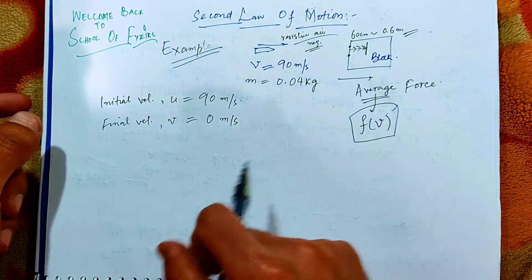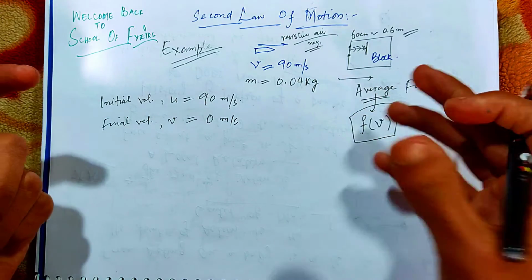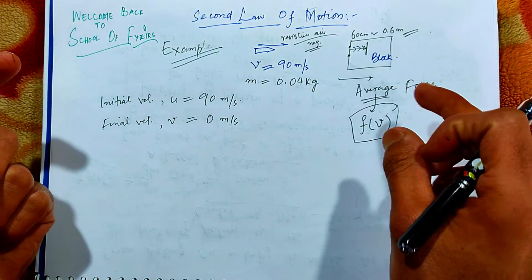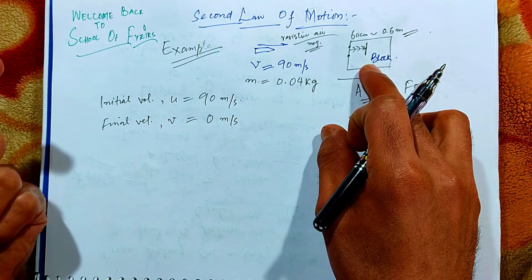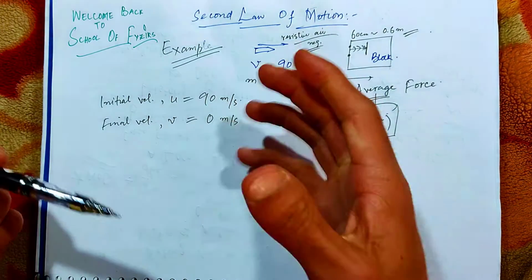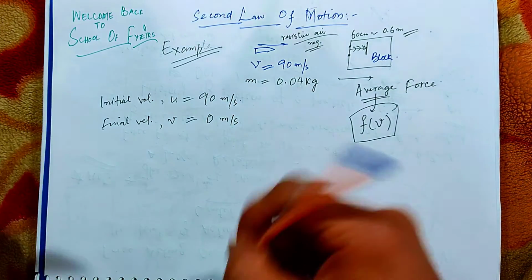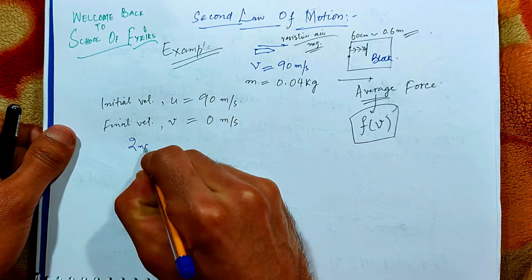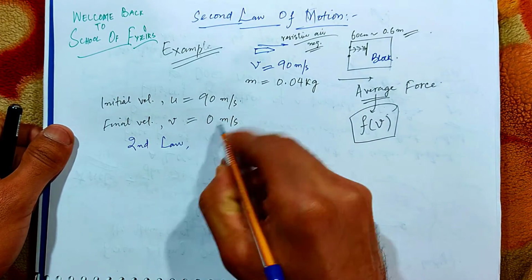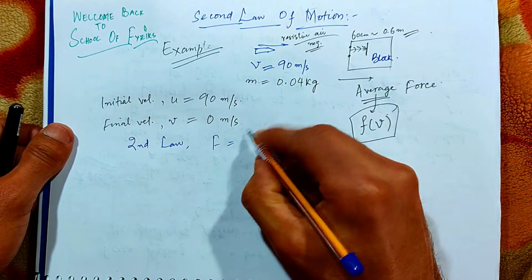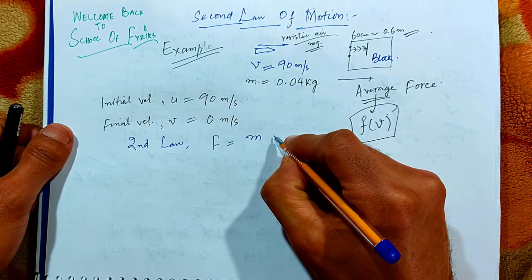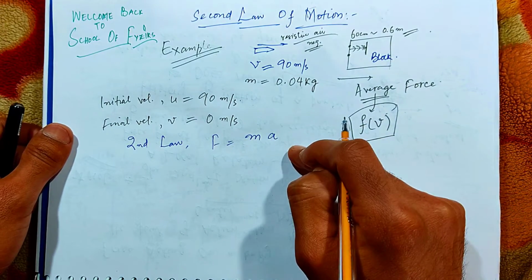Fine. So how can we calculate the force applied onto the wooden block? That is given by the second law, because we know from the second law of motion that the force applied will be equal to mass times acceleration.